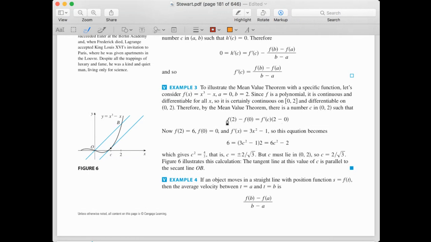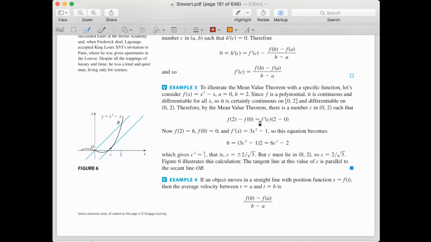So what's f of 2? f of 2 equals 2 cubed minus 2, which is 6. f of 0 equals 0 minus 0, which is 0. So f prime of c equals 6 minus 0 divided by 2 minus 0, which is 3.